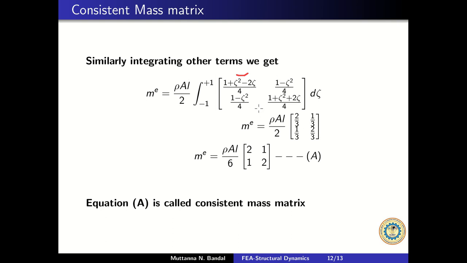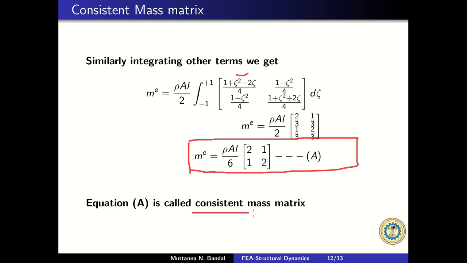You can work on this, and similarly these two terms are the same, so it will be 1 by 3, and the integration of this is also 2 by 3. Now you take 1 by 3 outside and multiply with the 1 by 2, it will become 1 by 6. So rho A L by 6 into, and retain this 2, 1, 1, 2 inside the matrix.